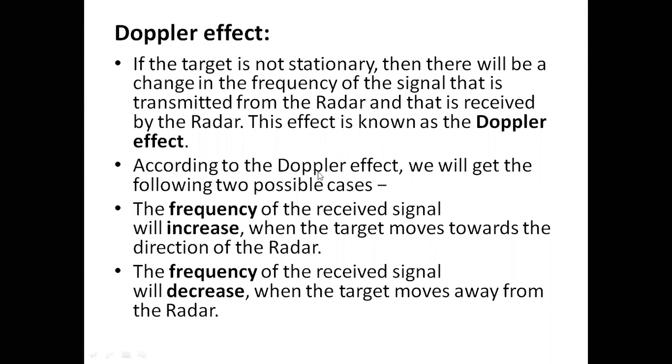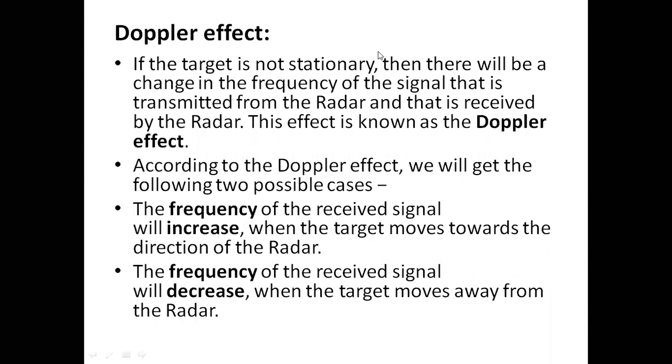According to the Doppler effect, we get two possible cases. One is the frequency of the received signal will increase when the target moves towards the direction of the radar. That is the first case.